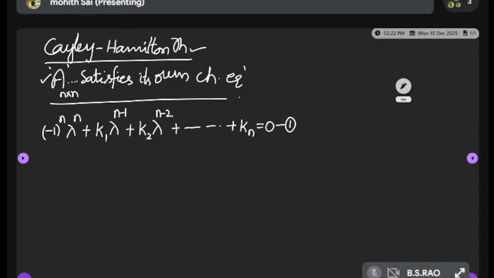I am saying in place of lambda, if you put A, then it will satisfy. Okay, lambda is a number, but A is a matrix. You have to write accordingly.